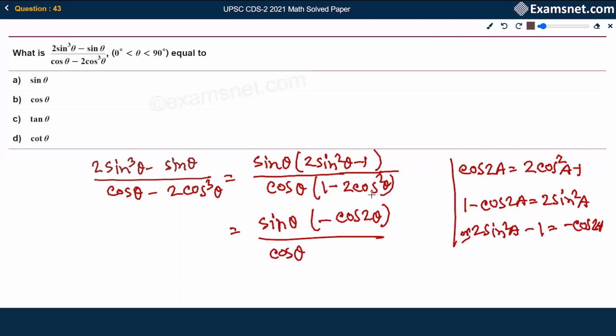So 1 minus 2 cos square theta will give us another minus cos 2 theta. Both minus cos 2 theta got cancelled.